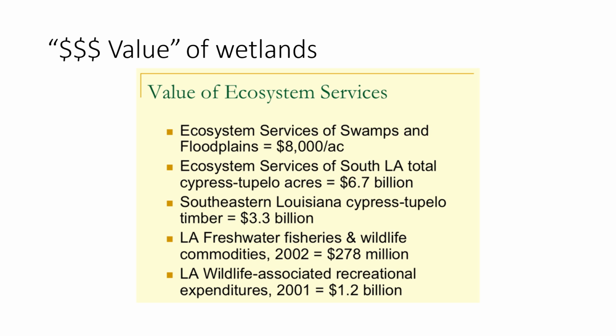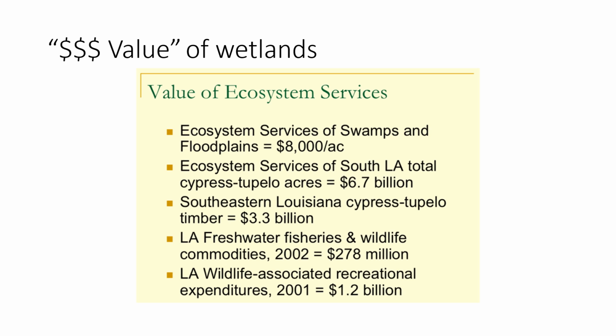And then southeastern Louisiana Cypress Tupelo timber is $3.3 billion worth of timber. Freshwater fisheries and wildlife commodities in Louisiana in the year 2002 are estimated at $278 million. And wildlife-associated recreational expenditures in the year 2001 were $1.2 billion.